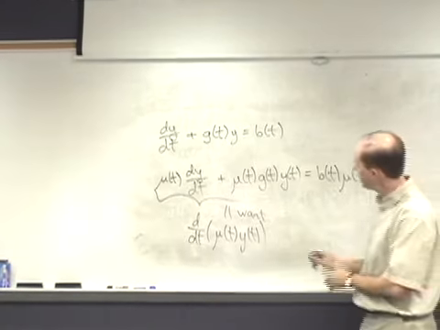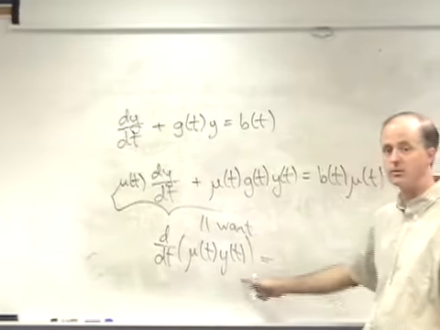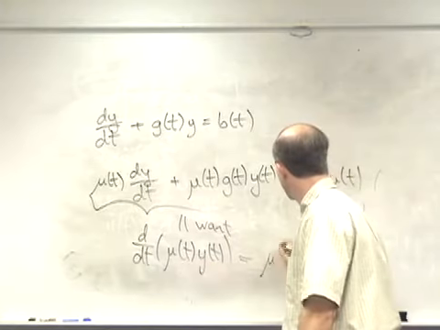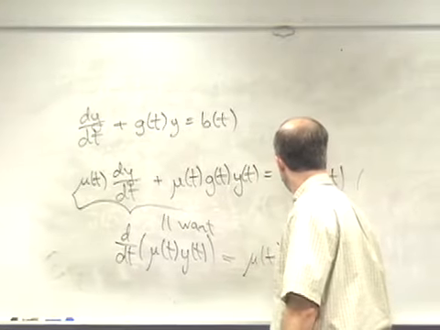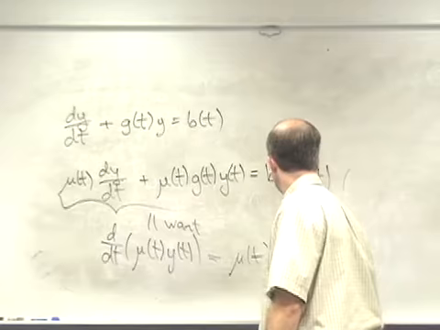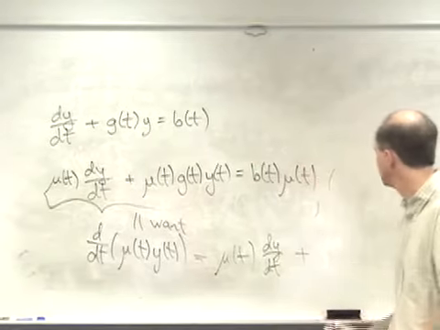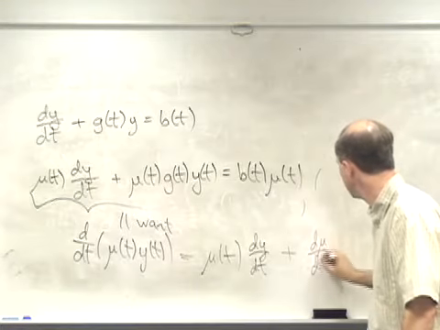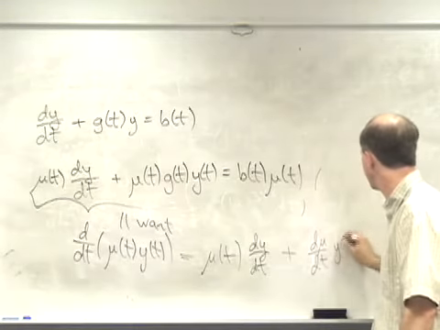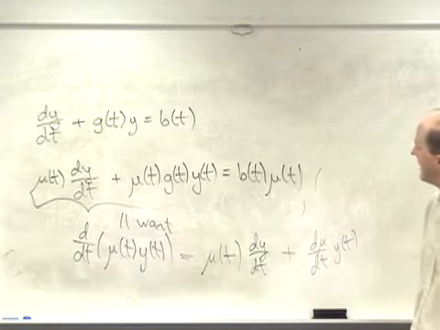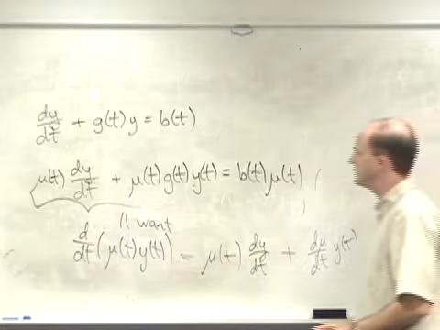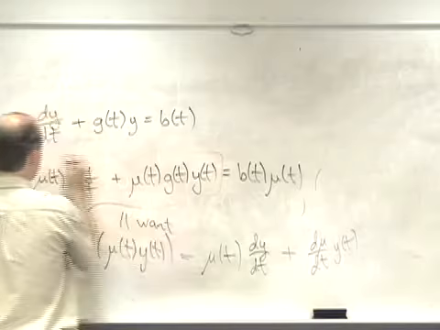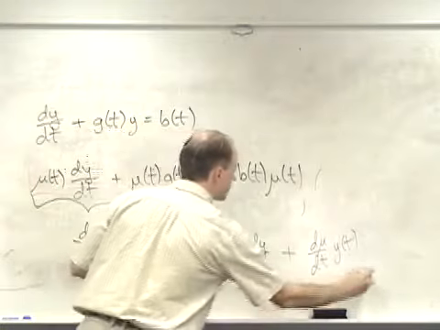Well, how do we go about finding mu? First step is to literally use the product rule here and see what I get. I get the first function times the derivative of the second plus the derivative of the first function, d mu dt, times the second function. So now my problem is reduced to wanting that to be equal to this.